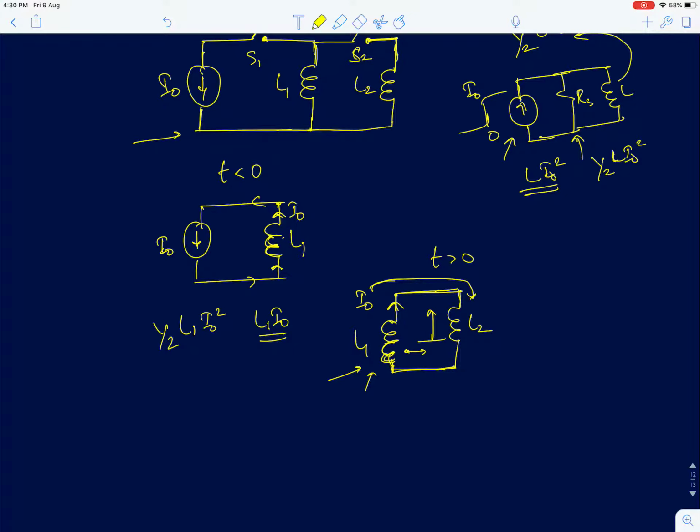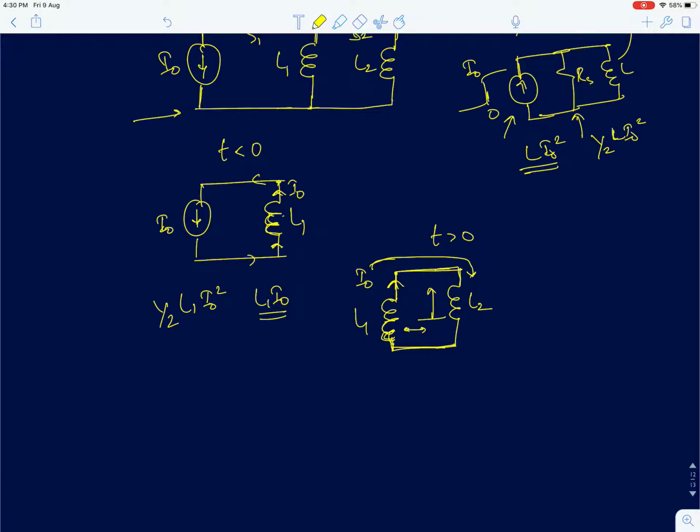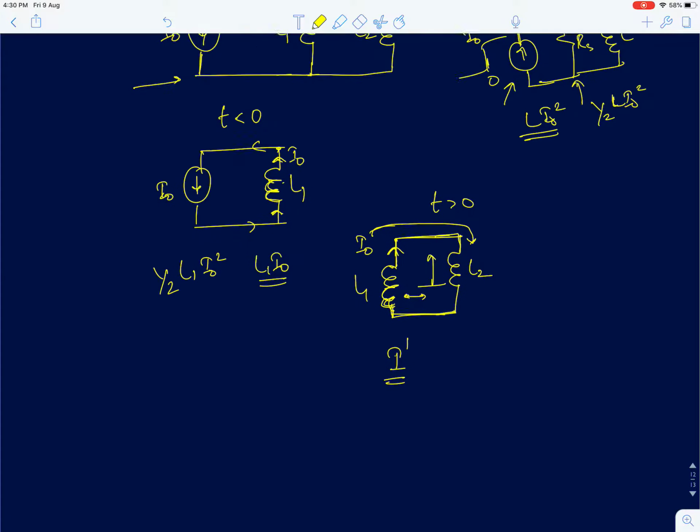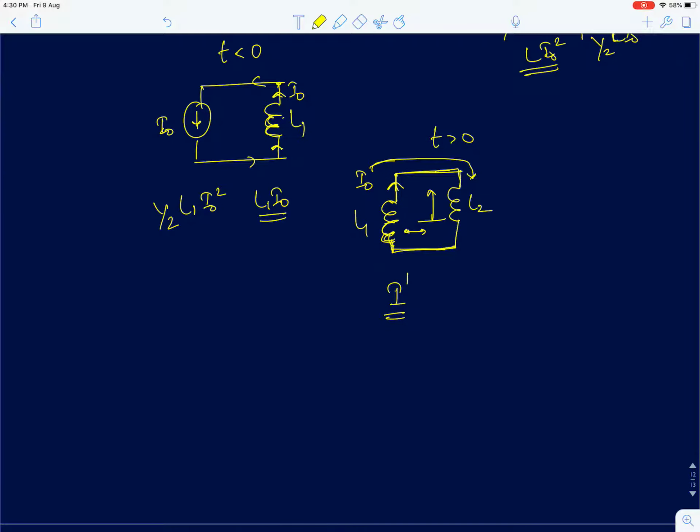Therefore the current in L1 will also undergo a sudden change. Since both are in series, the currents have to be the same, and both the currents are going to undergo a sudden change, and I am going to call that current I dash, the final value of the current. So we have to find what is that value of current.